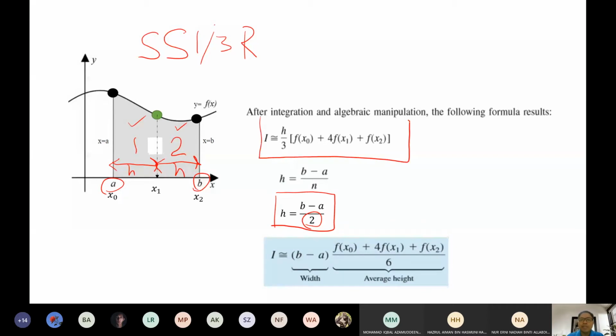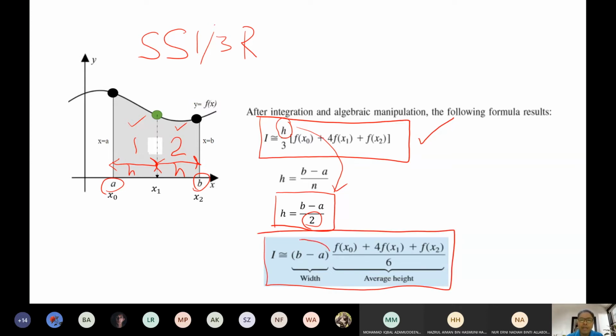If you refer to the textbooks, the area under the graph can be calculated by using this formula. If you substitute your h here with (b minus a)/2, then you can get another formula that only involves b minus a terms, and you may use either formula to compute the integration based on single Simpson 1/3 rule.